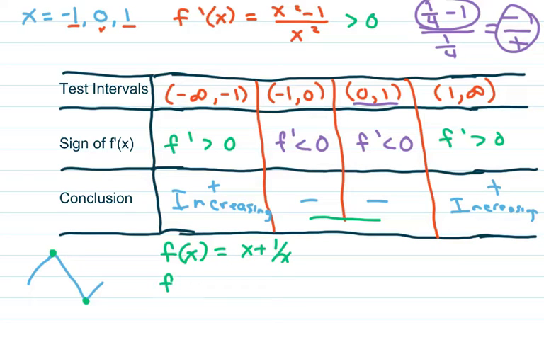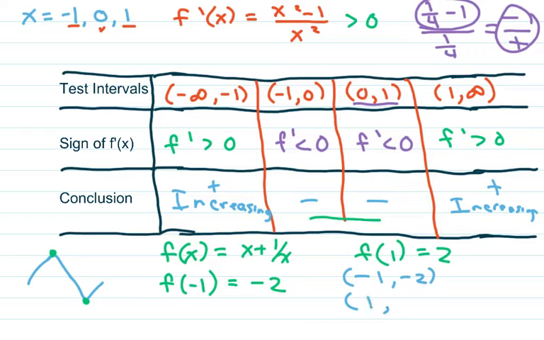So I'm plugging in f of negative 1, and you plug in negative 1, you're going to get negative 2. And when you plug in 1, you're going to get 2. So our points are negative 1, negative 2, and 1, comma 2.